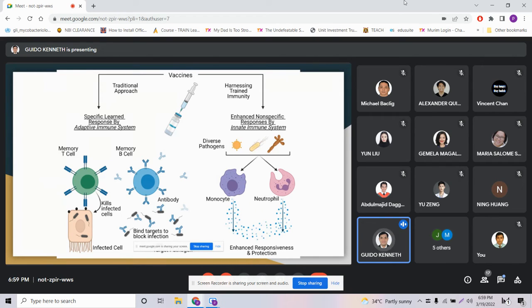Memory T cells will destroy infected cells, whereas memory B cells generate antibodies, bind targets to block infection as well as target the pathogen. On the other hand, when trained immunity is harnessed, this enhances non-specific responses by the innate immune system, such as monocytes and neutrophils, once diverse pathogens infect. The responsiveness and protection against the pathogens are enhanced.